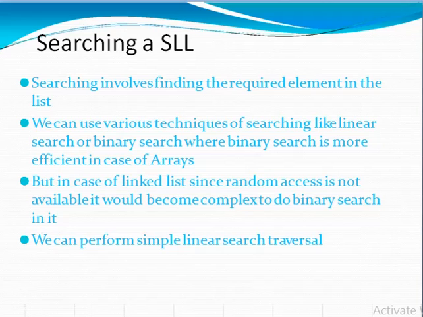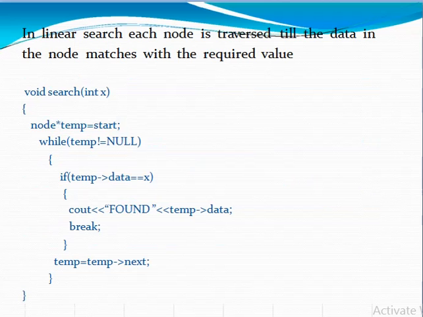But in case of a linked list, since random access is not available, as every node has the address of the next node, we cannot access any element randomly in the linked list. So it would become complex to do binary search in it. Next, we can perform simple linear search traversal also in a singly linked list. This is the code to search any element in the linked list.